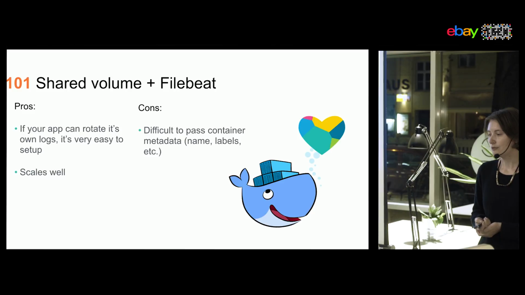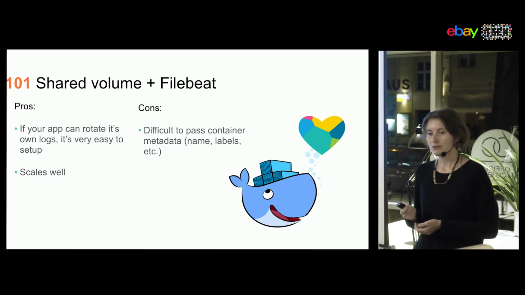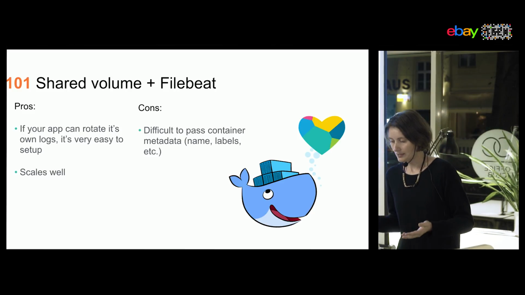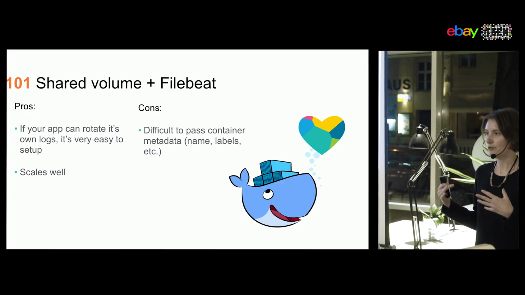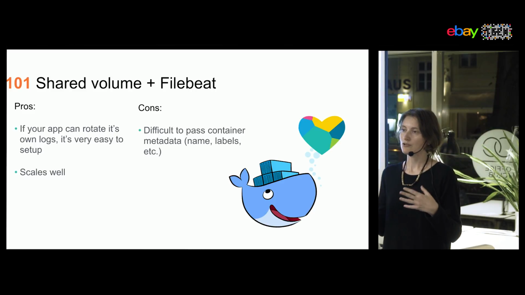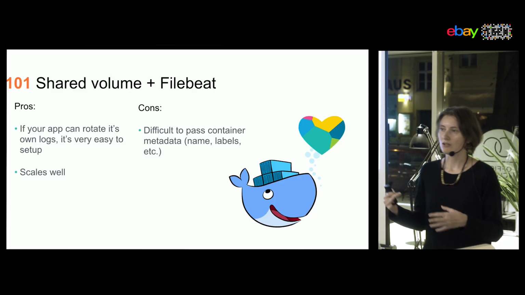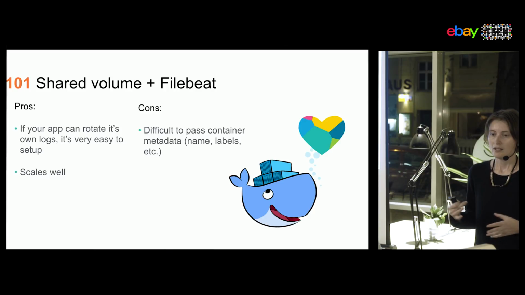Another option is to use a shared volume together with Filebeat. What this means is that you mount a directory from your host into your container, and you instruct your application to write the log lines in that shared folder.